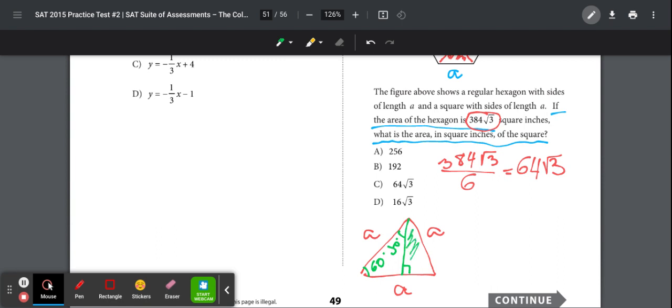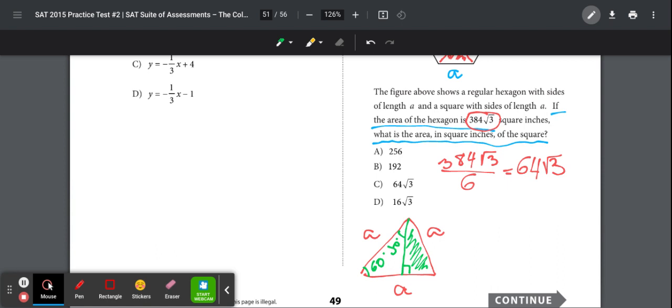So if we look at the equilateral triangle and consider just the portion of it contained between one of the legs, half of the other leg, and the height, this is a special right triangle, 30, 60, 90, and the altitude is actually the long leg.